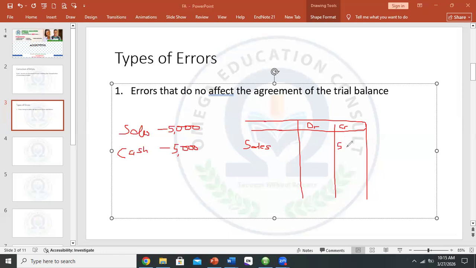And then the cash will definitely be at the debit. So when you sum the two columns up, your totals will be what? 5,000, 5,000, right?